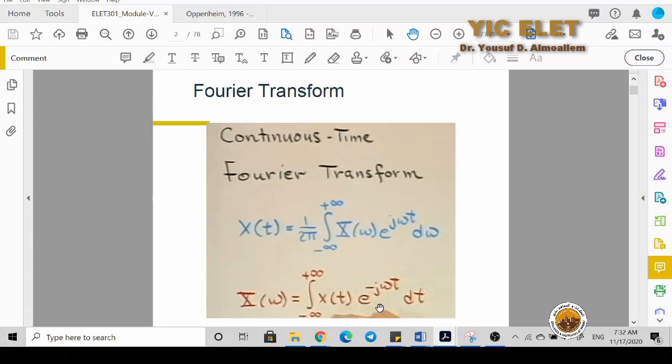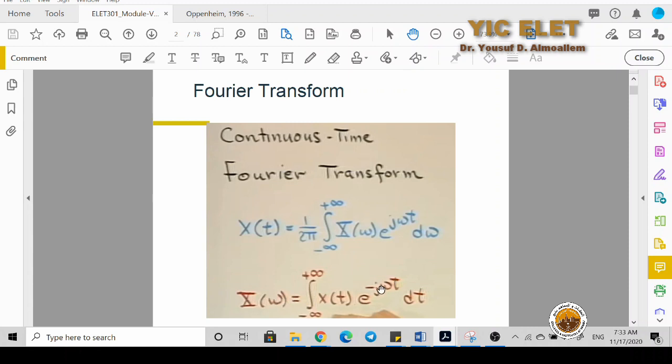And we use the imaginary complex exponential part here to move from time domain to frequency domain. The reason why we have used this is because this constitutes an excellent eigenfunction for our signals. So whenever we have this exponential, we will be able to move from time domain to frequency domain.